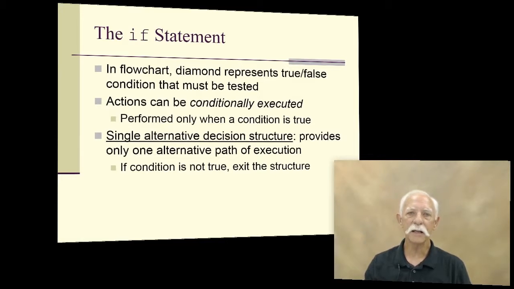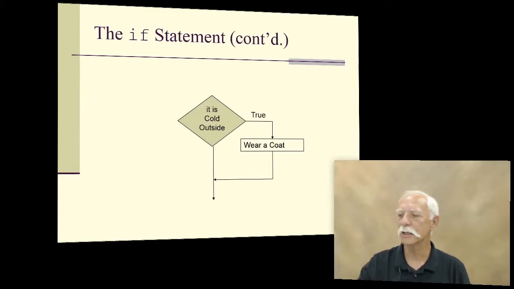I'm going to use a flowchart, because flowcharts are real easy to see the true-false condition and how it's tested, and also how it's conditionally executed. I'm going to start off with a single alternative decision structure. In other words, there's only one alternative path to the execution other than the straight line path. So let's take a look at this.